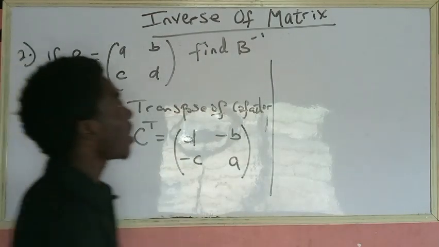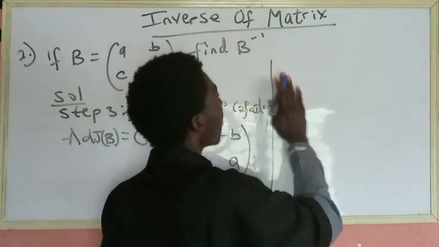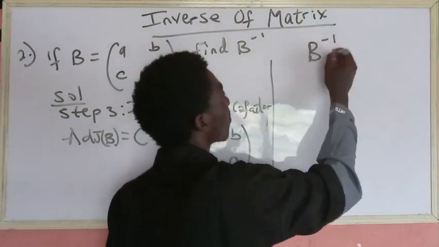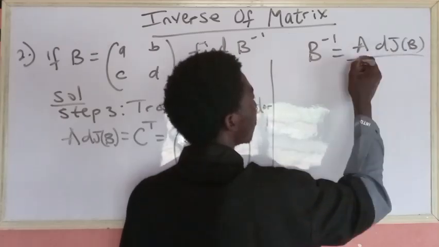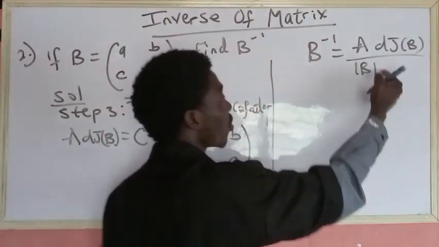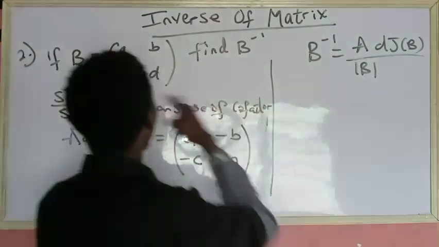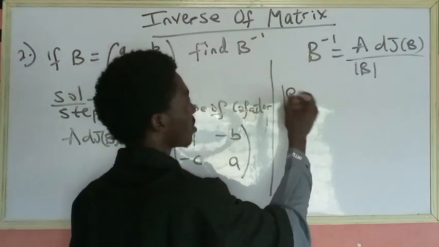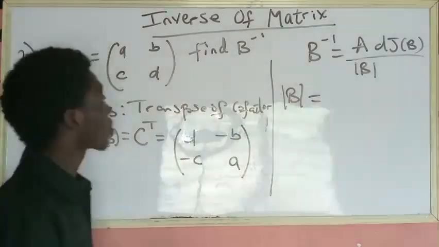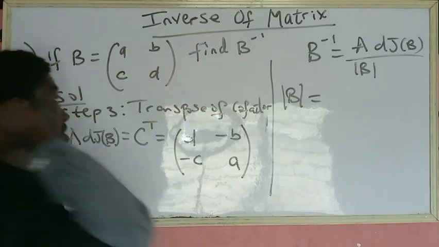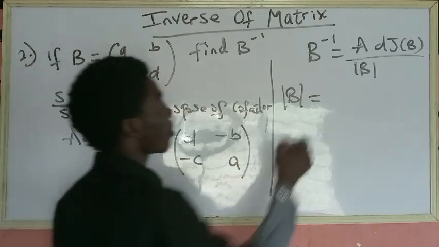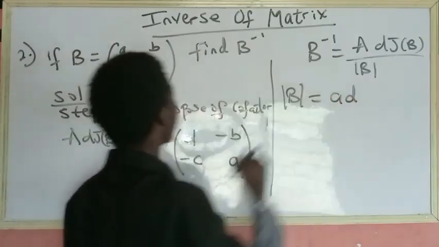From here, we now know our formula is the adjoint over the determinant of B. So we need the determinant of matrix B. And what is the determinant of matrix B? It is by subtracting this multiplication from this multiplication. So that's A times D, you have AD.